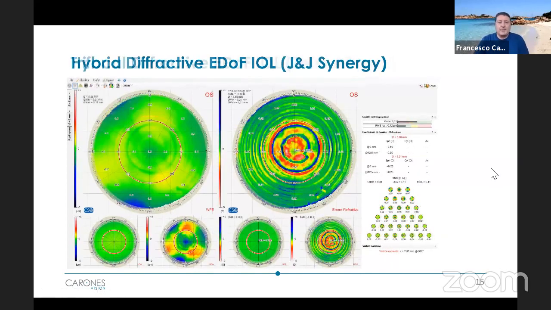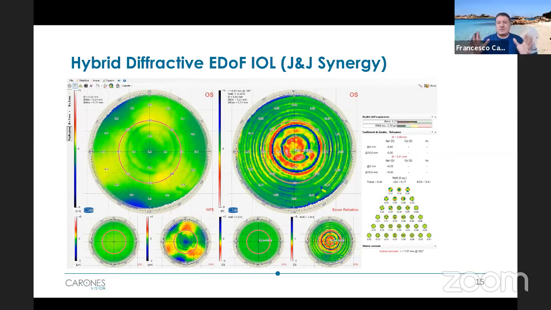Let's see the next example. This is the Synergy from Johnson & Johnson. You may know that the Synergy is a lens that combines traditional diffractive technology, meaning the same technology of the Tecnis multifocal or the Restore, so the bifocal technology, on top of which the EDOF component has been added to elongate the focal point.